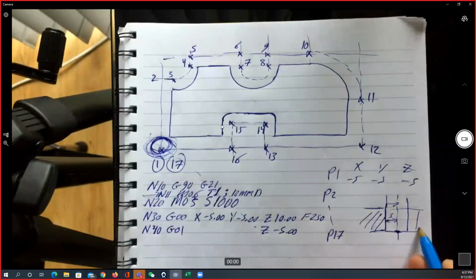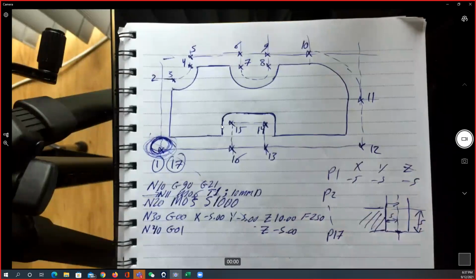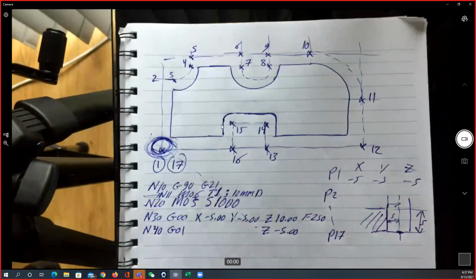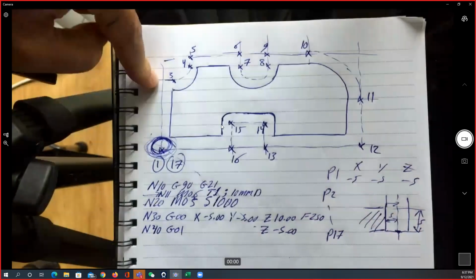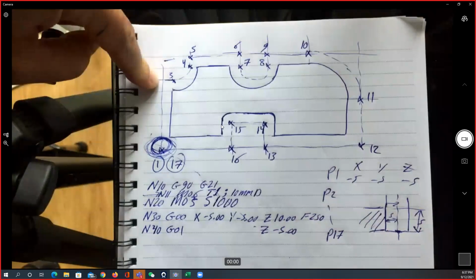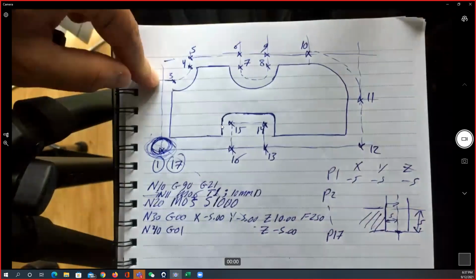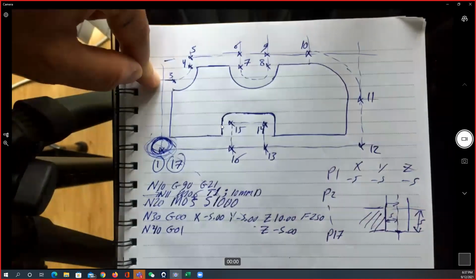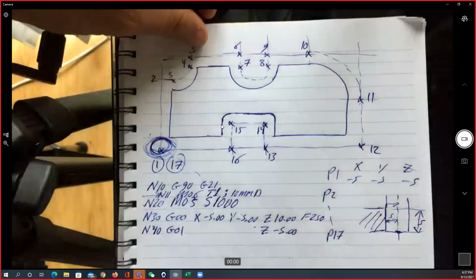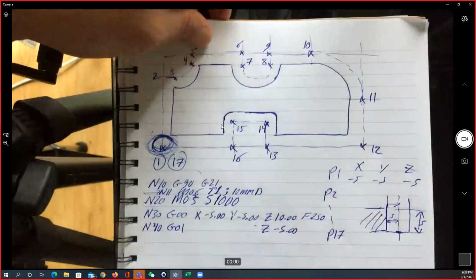So the Z is -5. Okay, now, if I would like to move from here to here, the movement is a straight line. It's a straight line in G01. So please write down the line number 50.